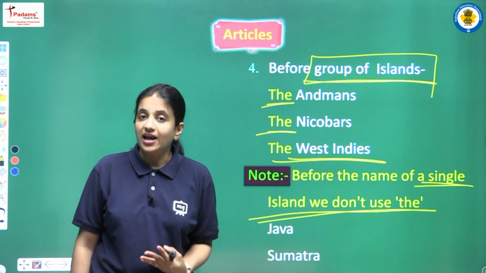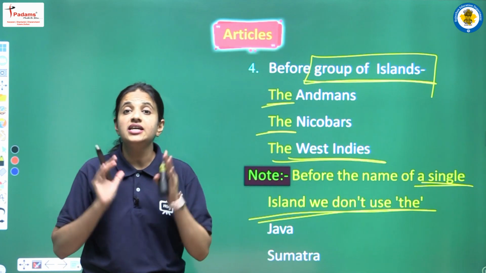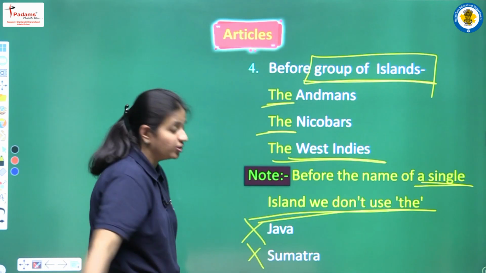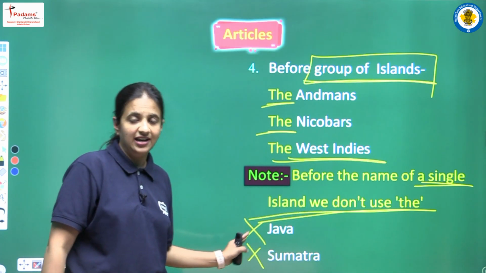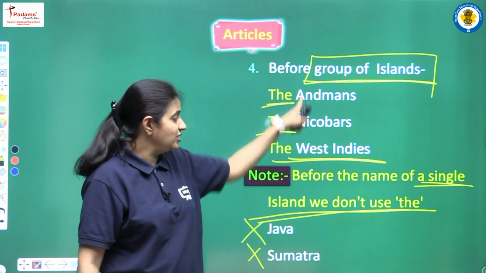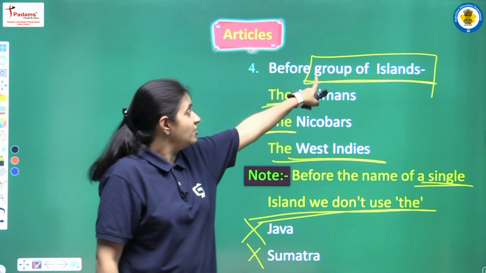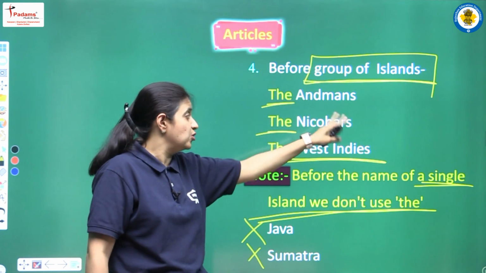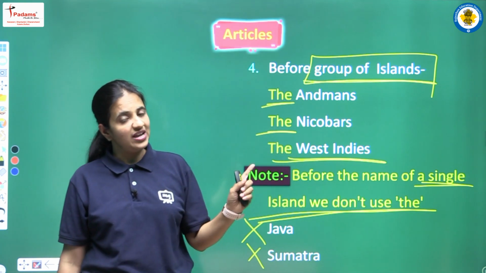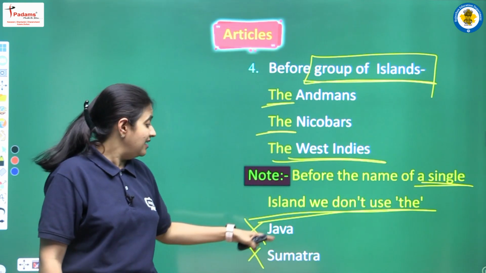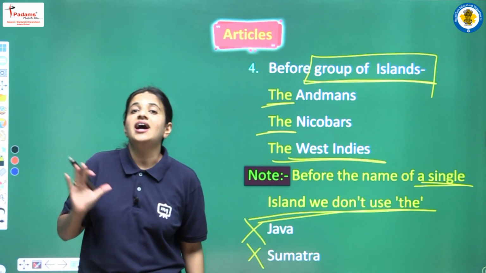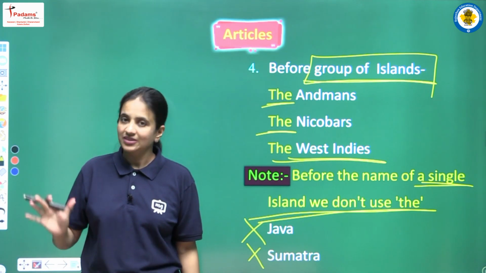They are also islands, but they are the names of a single island. So for that we cannot use the, we have to put a cross mark before these islands, because according to this point, this article is used before groups of islands, like Andamans, Nicobars, West Indies. But if we are having a single island like Java or Sumatra, then we cannot use this article, that is the. Clear?